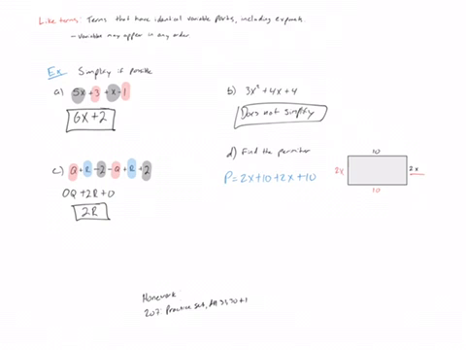And then of course we're going to simplify that down as much as we can. So 2x plus 2x is going to give me 4x. 10 plus 10 is going to give me 20. And I cannot combine those together because my first term there has an x and my second term does not. So then my perimeter is going to be 4x plus 20.